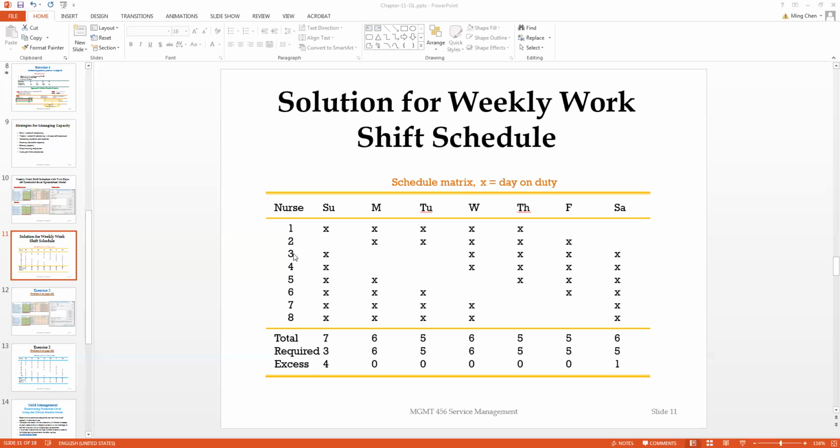And then we have 2 people, nurses 3 and 4, working from Wednesday to Sunday, 1 person, nurse 5, working from Thursday to Monday, and 1 person working from Friday to Tuesday, and then I have the last 2 people, nurses 7 and 8, working from Saturday to Wednesday. So this is a table structure. It basically shows the same solution, but it's much clearer and much easier to read.